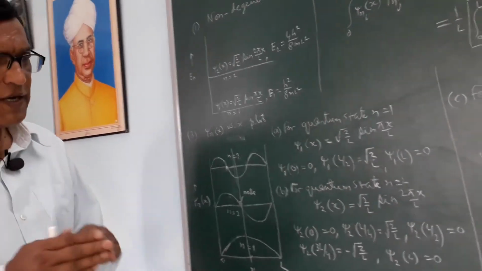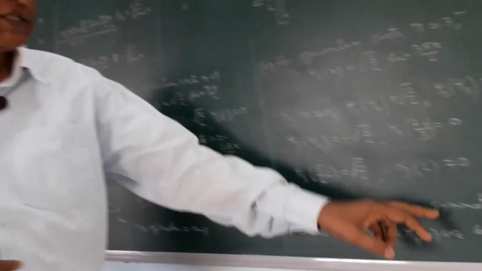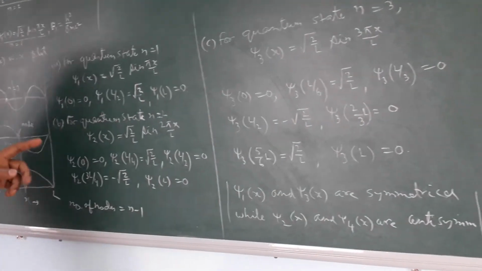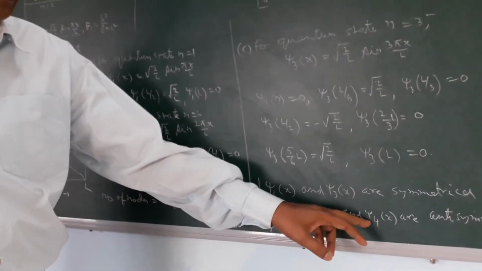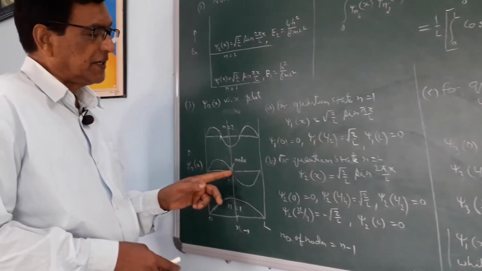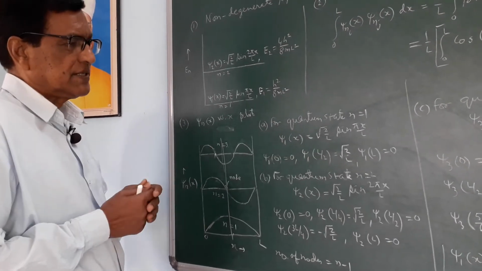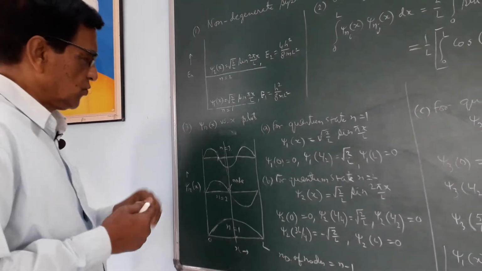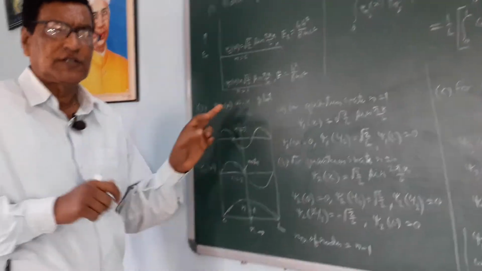So the wave functions for these odd quantum numbers are always symmetrical, while wave functions for the even quantum numbers are anti-symmetrical. As here it is anti-symmetrical. This is the conclusion that I can draw from this wave function psi x versus x plot.